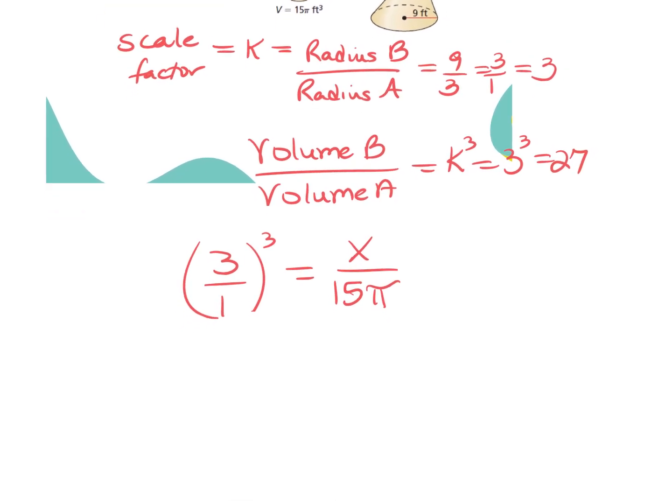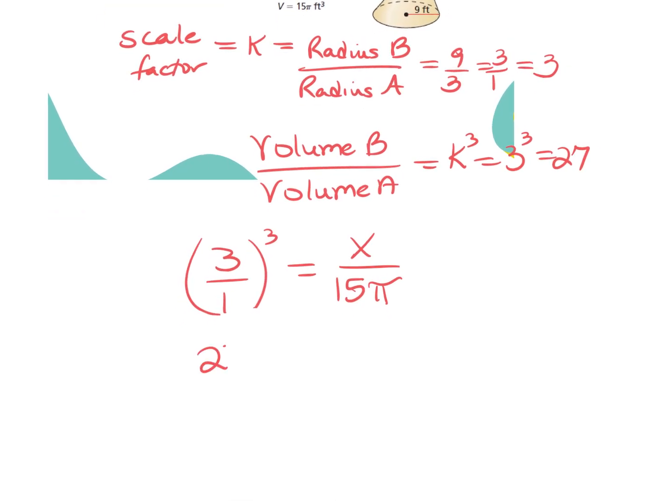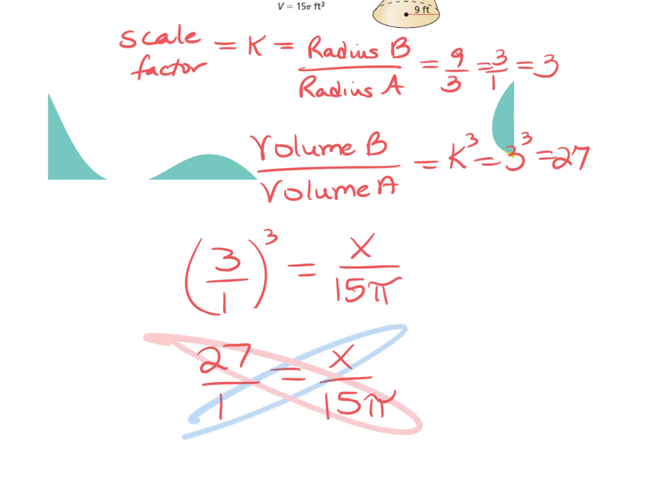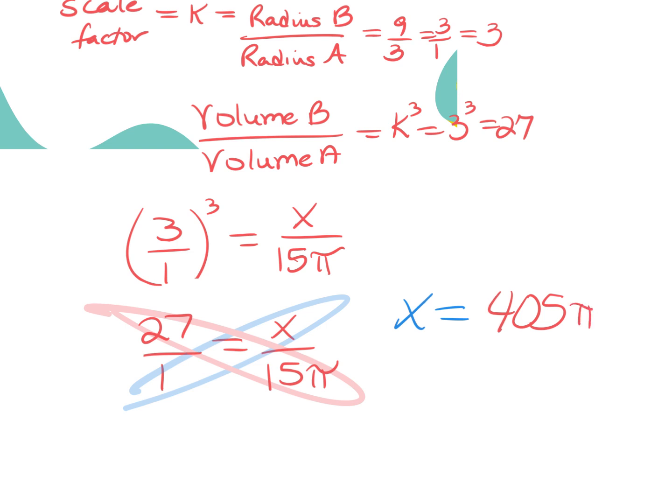So I'm going to go ahead and cube that 3 over 1, 27 over 1, and now I can cross multiply. So I'm going to multiply 1 times x, 27 times 15 pi. So 1 times x is just x. 27 times 15 pi left in terms of pi is 405 pi, and these are feet cubed.